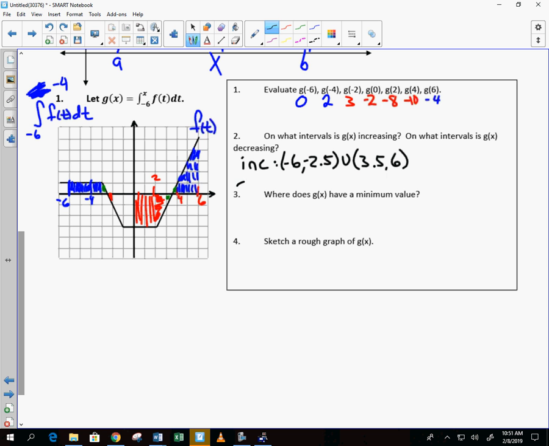And then decreasing from -2.5 to 3.5. Okay with that? Okay. Now, we're going to help you think of this in a second way, which should really, really help you make some connections when you take the AP test.